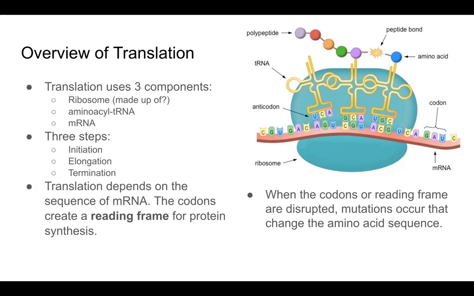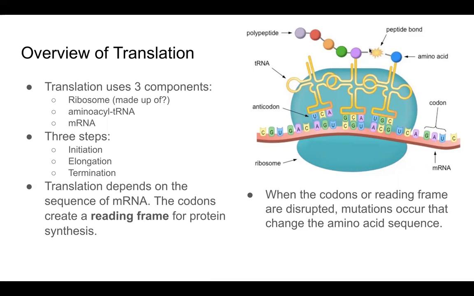It is the ribosome, which is made up of the small subunit and the large subunit, and is generally made up of protein and also some rRNA, ribosomal RNA. There are also these tRNAs, these gold things right here, that bring in the amino acids that are used to make the protein. And then the mRNA, which dictates the sequence of amino acids to make up that protein.